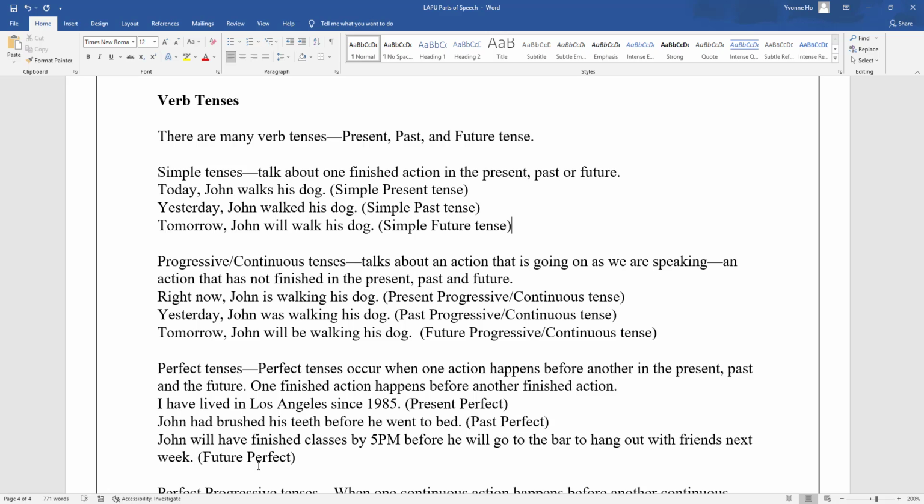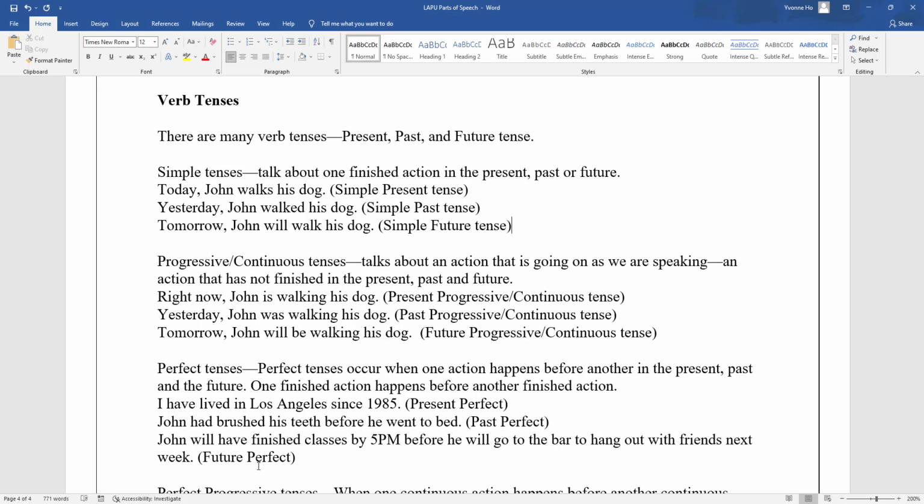So present progressive. Right now, John is walking his dog. Right now, Professor H is lecturing this lecture. Yesterday, John was walking his dog. So that's the past progressive. Yesterday, I was lecturing about sentence structure. I actually created the sentence structure video yesterday.